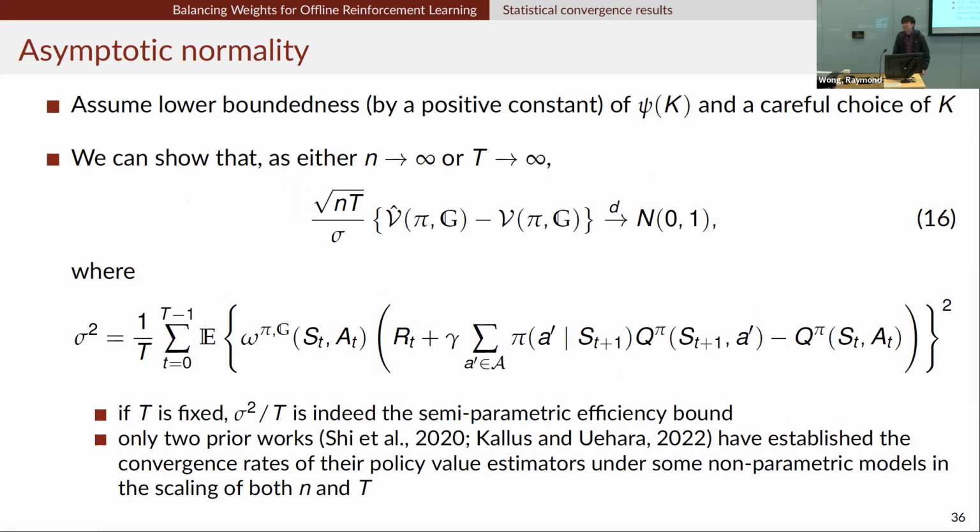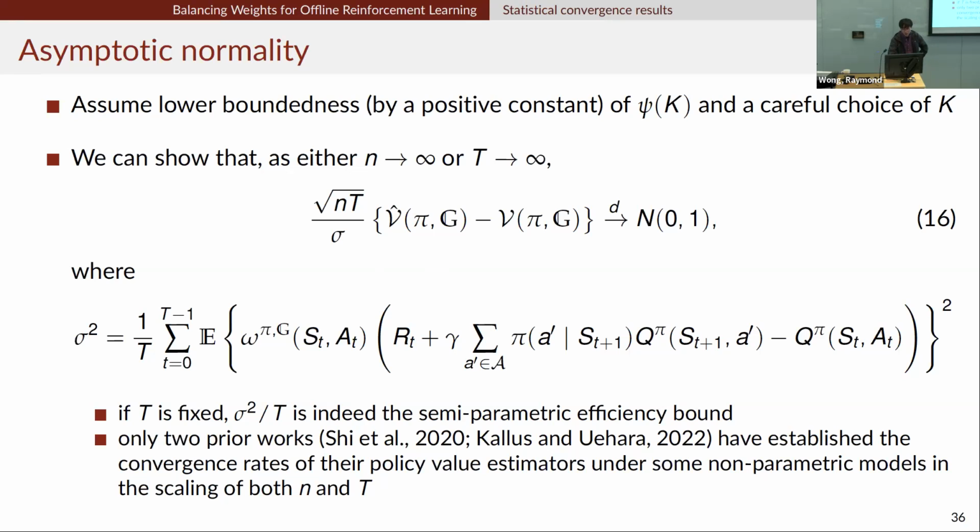Then we can even show the asymptotic normality of the estimated value. This result holds for either n or t going to infinity, so it is still relevant for small n, large t settings. If t is fixed, we can show that this estimator achieves a semi-parametric efficiency bound.